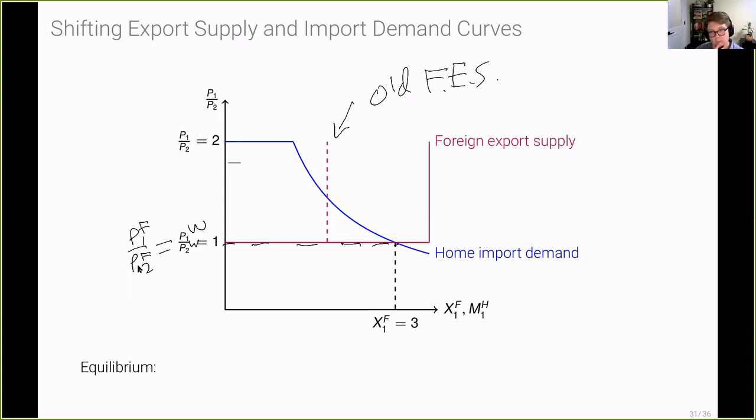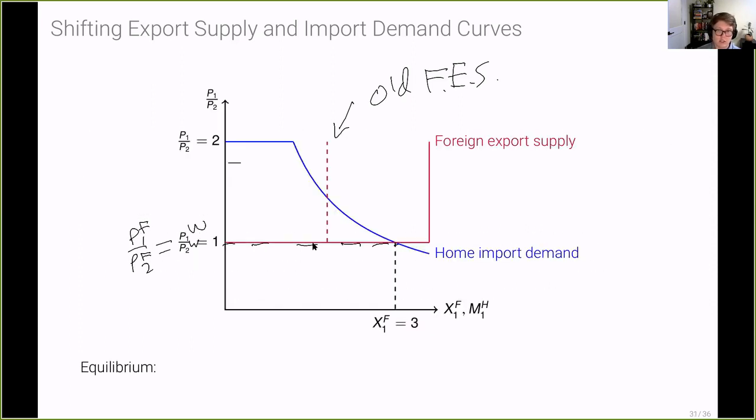So you can see that in this case, foreign is going to get so large that its demand for good 2 is not going to be fully sated by the home country. And so when foreign opens up to trade with the world, it's going to face the same world price as what it was in autarky.